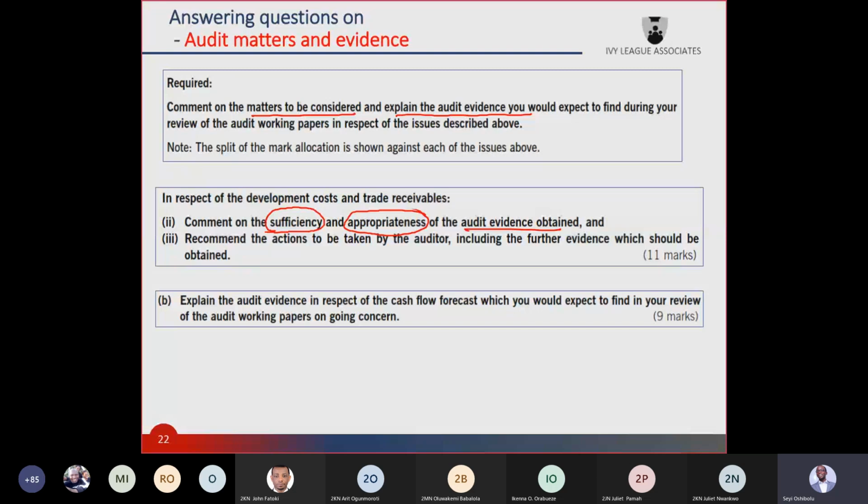Third one, explain the audit evidence in respect of the cash flow forecast, which you would expect to find in your review of the audit working papers, going concern. So it is still the same style, but testing different areas. They've presented candidates with a cash flow forecast.